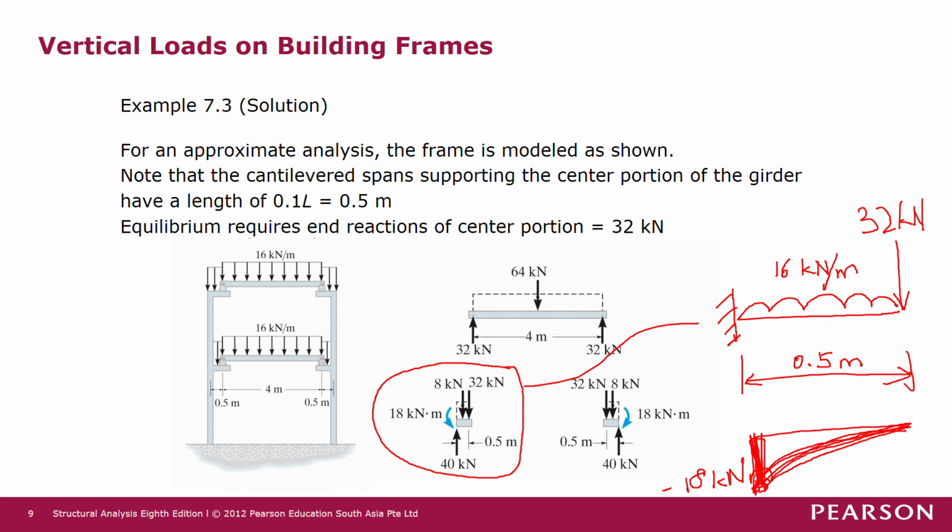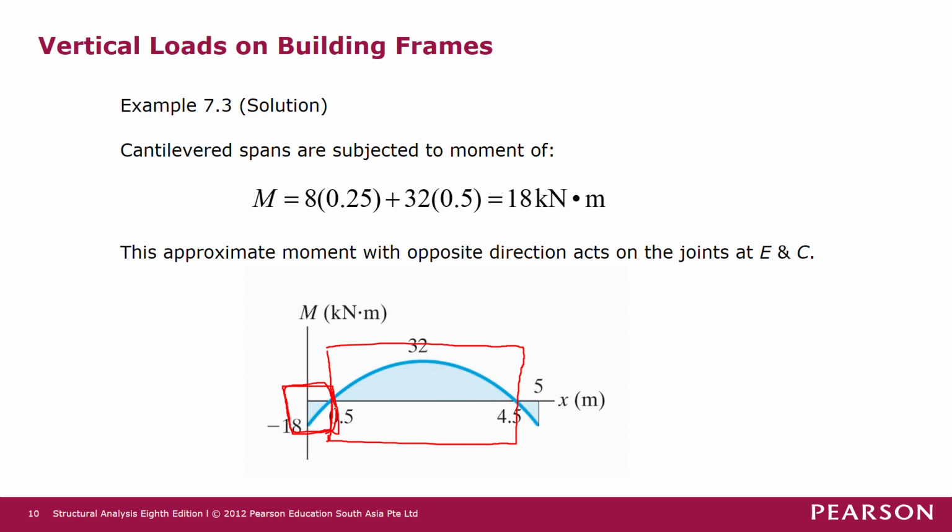Okay, so there is the moment here, and then the moment at the tip of the cantilever is 0. Okay, so this is at 0.5 meter. So therefore, we have a moment diagram like this from the cantilever portion of the beam. Okay, so this is the inflection point or 0 moment point at 0.5 meters away from the supporting column.